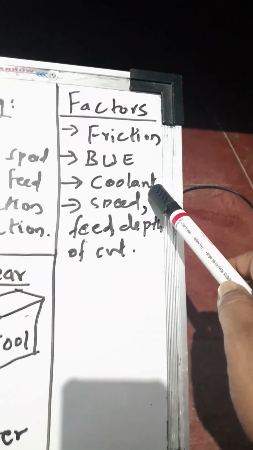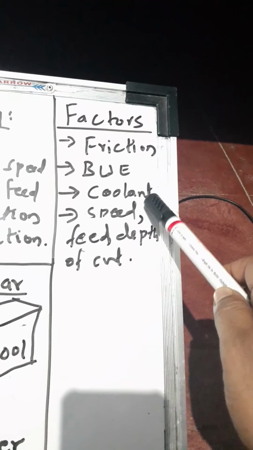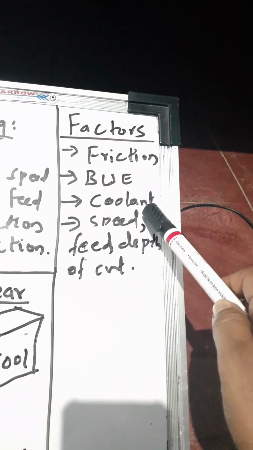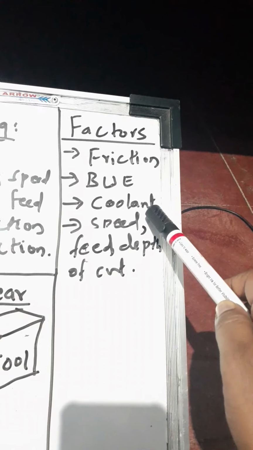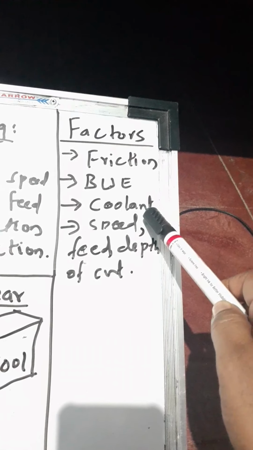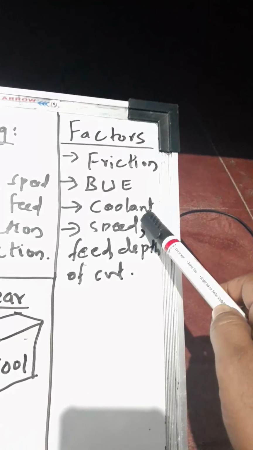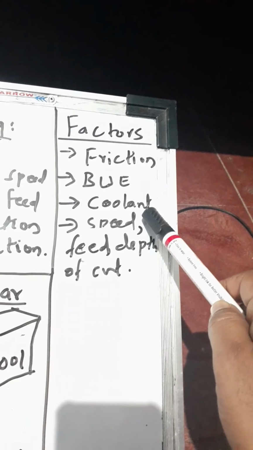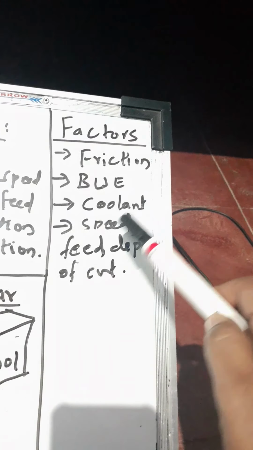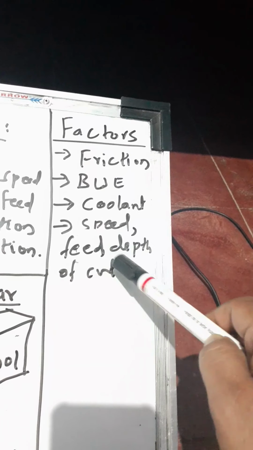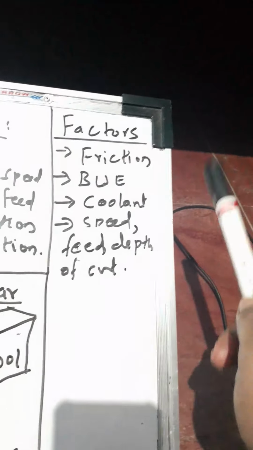If you don't use the appropriate coolant, then the coolant may not carry away the maximum amount of heat, and due to the poor coolant the temperature will rise, due to which crater wear will occur. Increasing the cutting speed, feed or depth of cut will also increase the chances of crater wear.